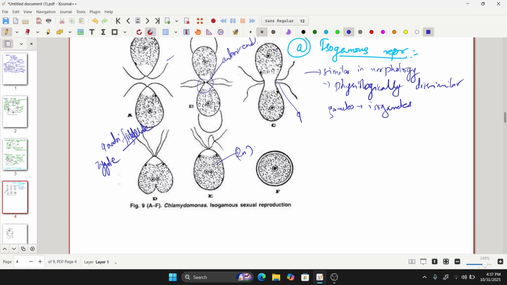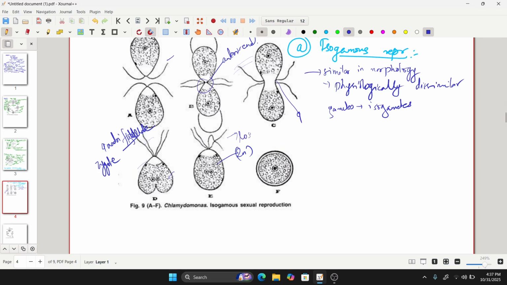in which the protoplast of the vegetative cell divides to form 8 to 32 uninucleate biflagellate gametes, and two gametes come close to each other by their anterior ends, as I have shown here. The anterior ends fuse to form the quadriflagellate zygote, which remains motile for some time while it has flagella.